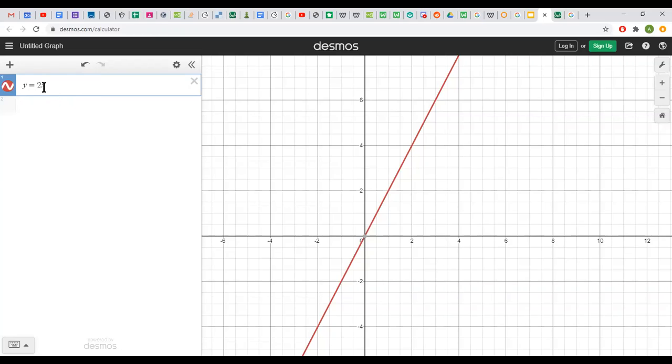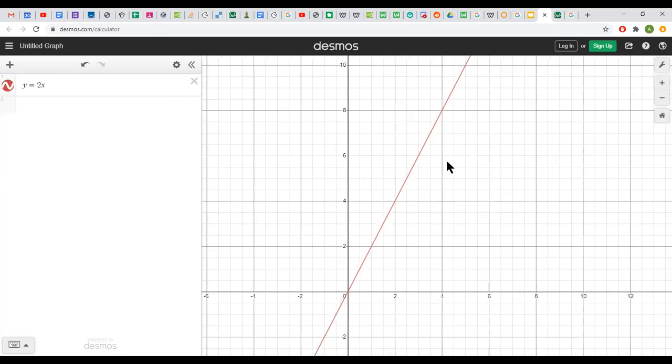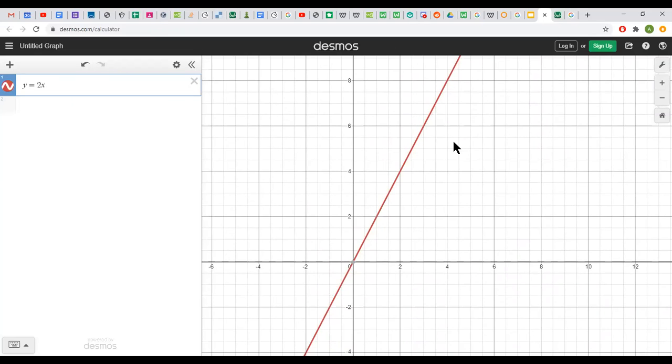Because we plug in 2 for x, we get 2 times 2, which is 4. And we can see that in our graph over here. Basically this line has all the points plotted for this equation, all the inputs and all the outputs, which is why you see this continuous line.